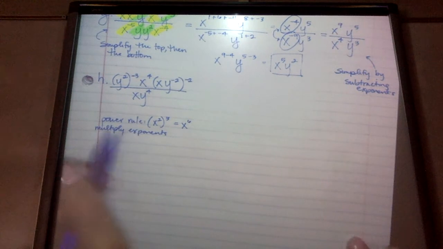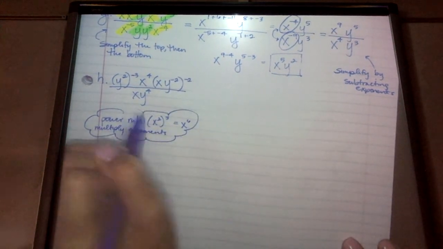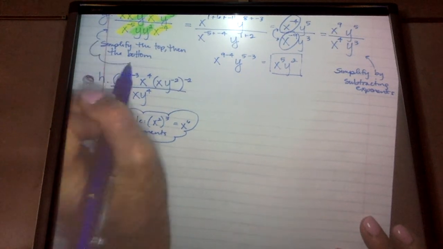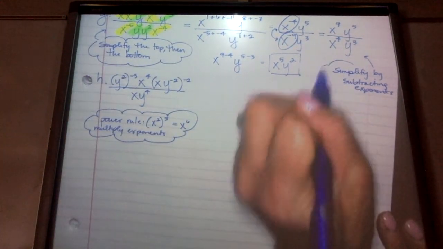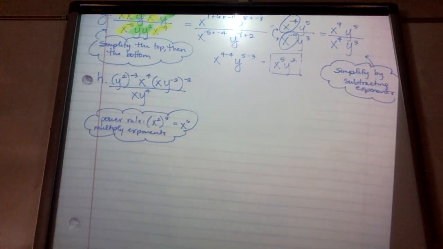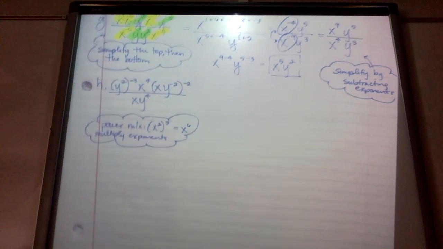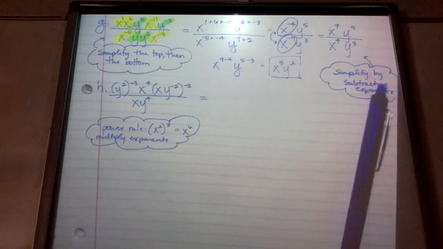Okay, so this is just a side note. So I'm going to do exactly that. I'm going to multiply my exponents. So this equals, I'm going to do that first, okay?